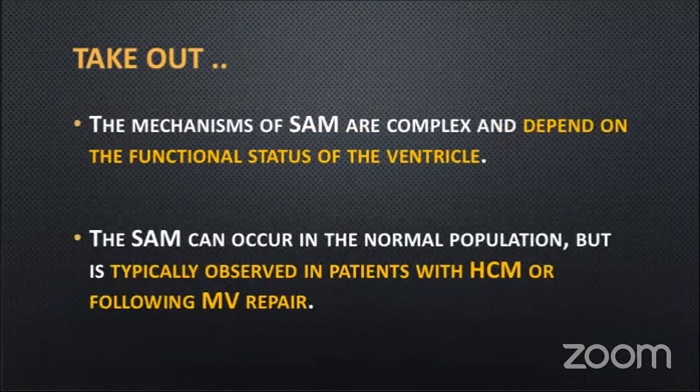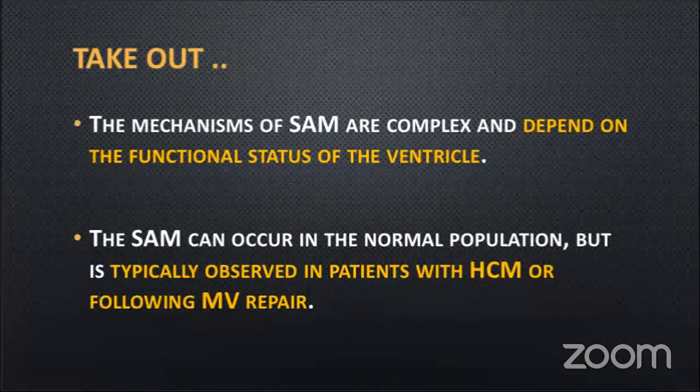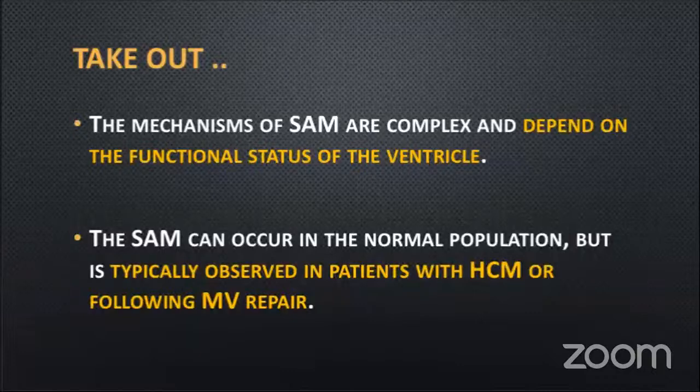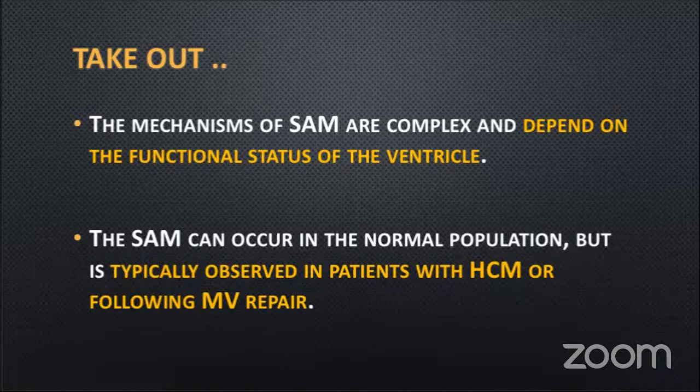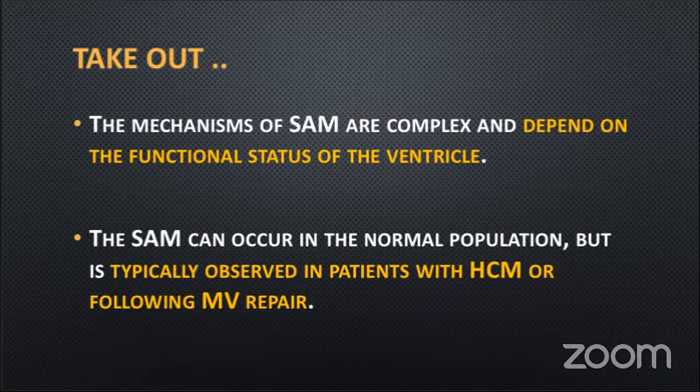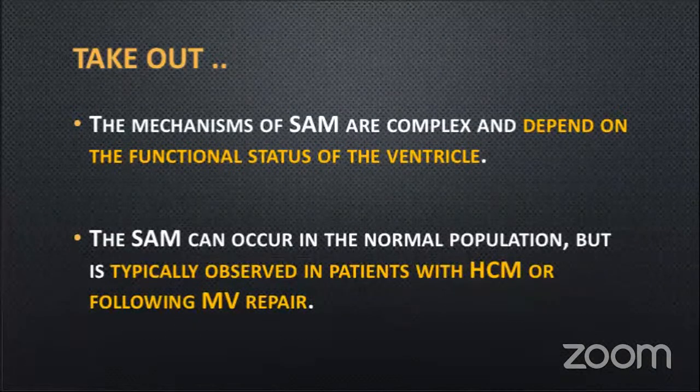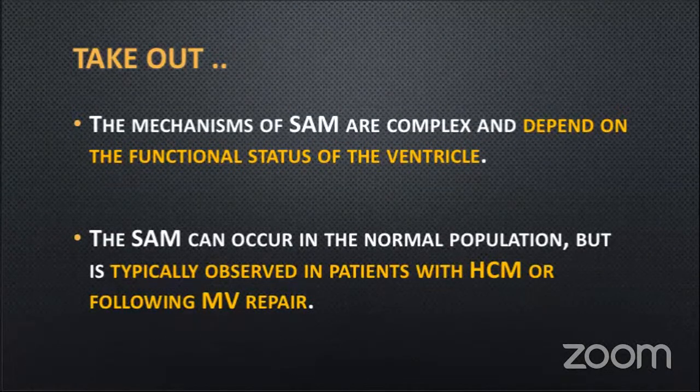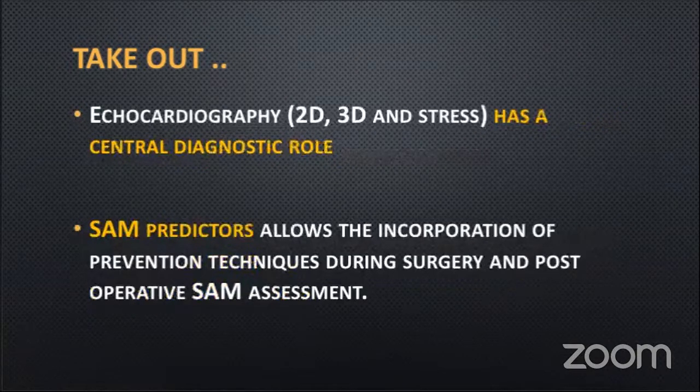The mechanisms of systolic anterior motion are complex and depend on the functional status of the ventricle and, as we mentioned before, the three units of the mitral valve: the leaflets, annulus, and subvalvular apparatus. Systolic anterior motion can occur in the normal population, but is typically observed in patients with hypertrophic cardiomyopathy, not necessarily obstructive, or following mitral valve repair.